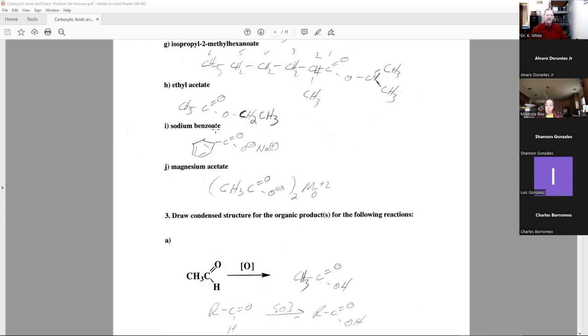Now, if we look at I, OATE ending, that can be an ester or carboxylate anion. If that were IC acid, that would be from benzoic acid. With a sodium, that tells you this is sodium benzoate.